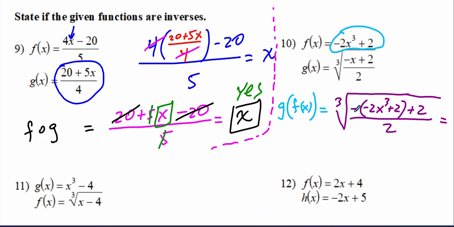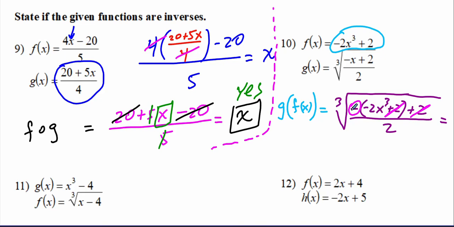So this becomes positive 2x cubed, but this part right here becomes minus a 2, so it becomes a negative 2. And I can see that this minus a 2 will cancel with this positive 2. Hopefully you're seeing what I'm pointing to. Even though it looks like a positive 2, it is negative 2 because of that. That's going to cancel.